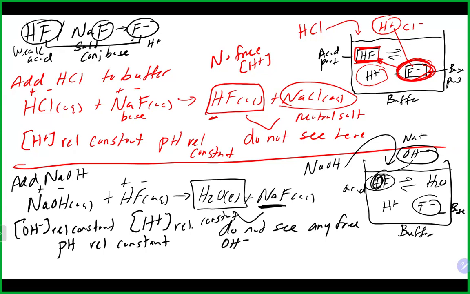When you add additional acid or additional base to the buffer, it's able to prevent the formation of free H plus or free OH minus, both of which, because they don't get made, keeps the concentration of H plus relatively constant, and that's what allows it to keep its pH relatively constant to where it's at. And you do not see giant jumps in pH because of that. Any questions on that?